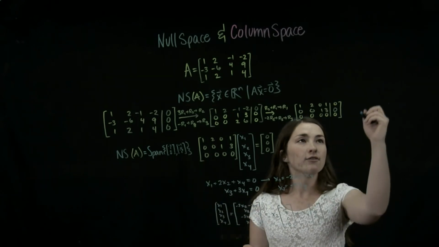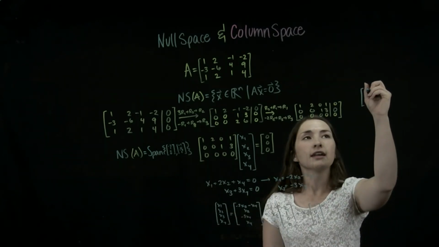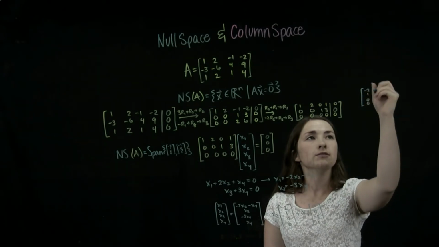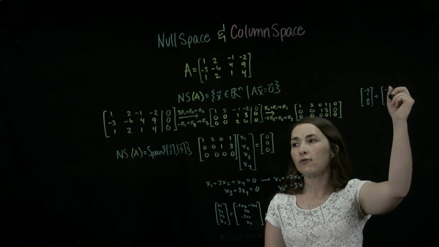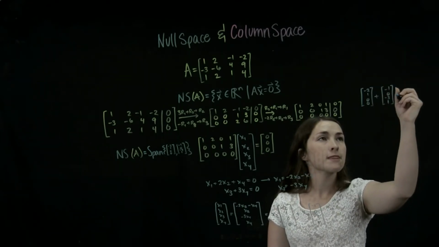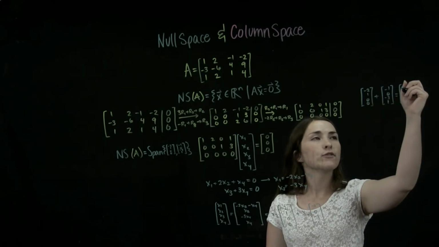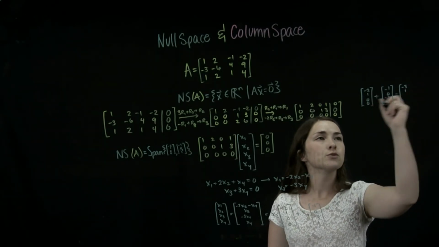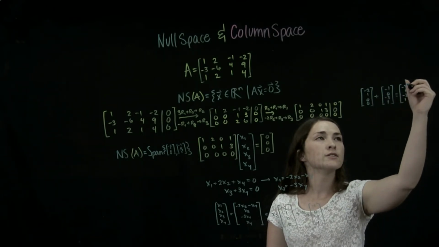So we'll take negative 2, 1, 0, 0 plus negative 1, 0, negative 3, 1. And that's going to be equal to negative 2 plus negative 1 is negative 3, 1 plus 0 is 1, 0 plus negative 3 is negative 3, and 0 plus 1 is 1.